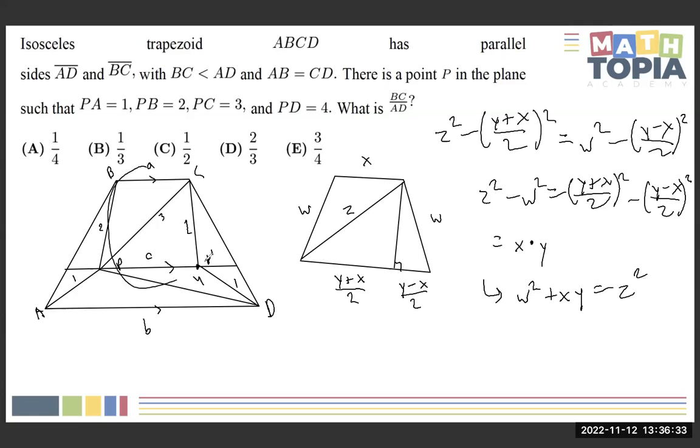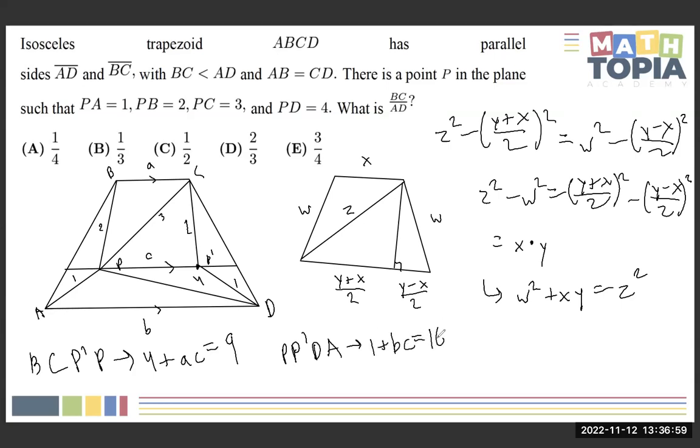And we can use that in this figure here. If we use it on our isosceles trapezoid BC prime P, what we get is that 4 plus AC is equal to 9. And if we use it on trapezoid P prime D A, we just end up with 1 plus BC is equal to 16. So from here, AC is equal to 5. And from here, BC is equal to 15.